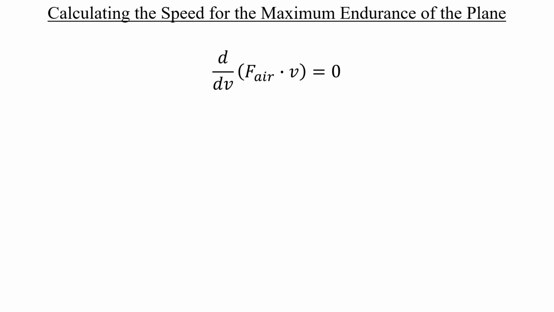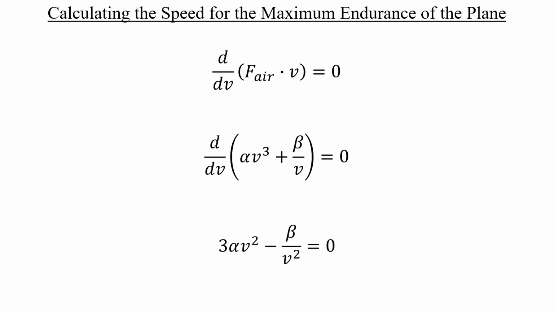When we multiply our air resistance force equation by v, it will change it slightly, but the process of solving for v will be exactly the same like we did in part A. You apply the derivative power rule first, then move the beta term over to the other side, get your v variable isolated on the left by multiplying both sides by v squared, and then divide both sides by 3 alpha to put everything else on the right.